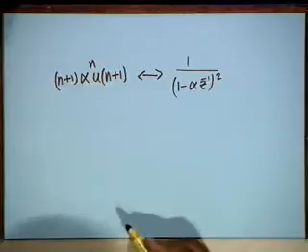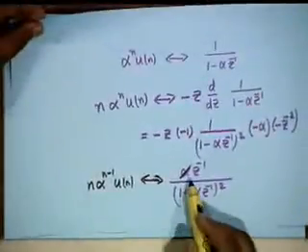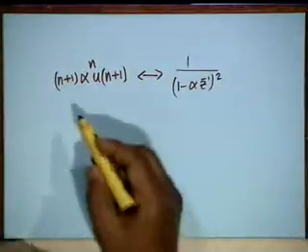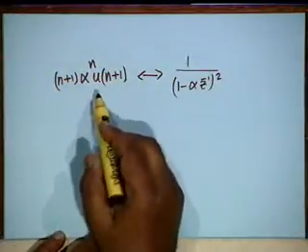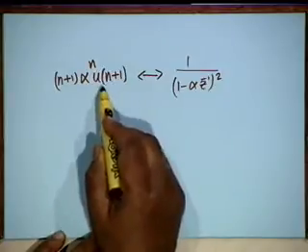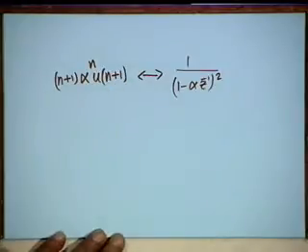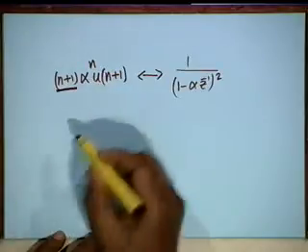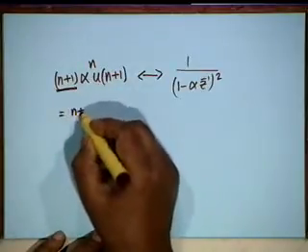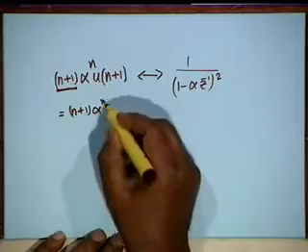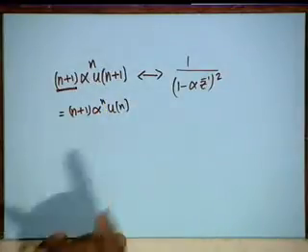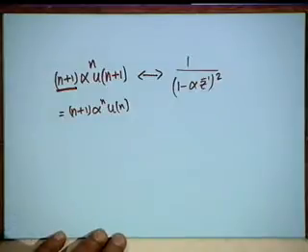You see, in the right hand side I had an alpha which I had brought to the left hand side. Now, this sequence u of n plus 1 starts at n equal to minus 1, but at n equal to minus 1 the multiplier is 0, and therefore, you can write this as n plus 1 alpha to the n u of n, agreed. So, the whole thing can be written in terms of u of n, alright.